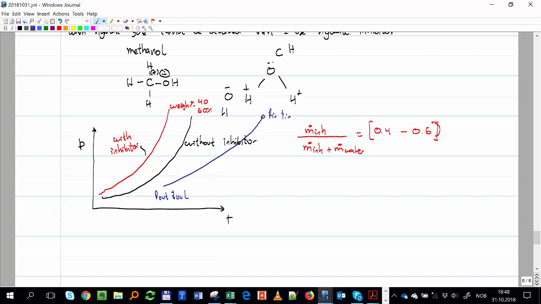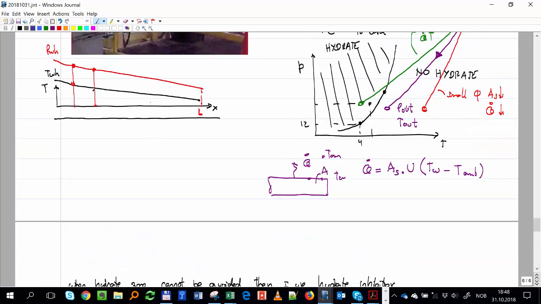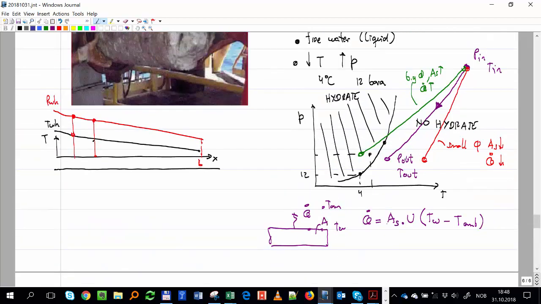Because I cannot have these plugs, they happen in the pipe, and then to remove them is a big problem. It's a big operation. You have to bring, you know, a lot of experts. Is that clear? Yes? Okay, let's take a break. Let's say 20 minutes. Okay, and we come back for the second part.